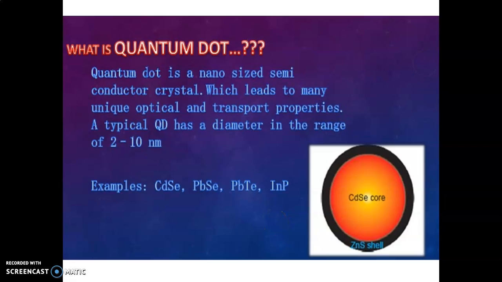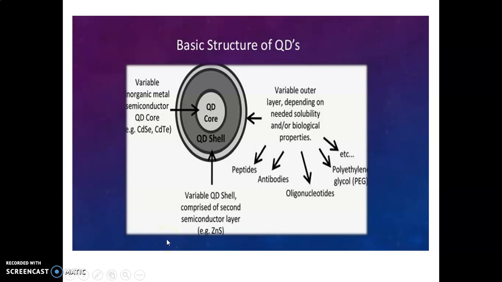Here you can see the zinc sulfide shell is the outer layer and the cadmium selenium core is inside. Next, the basic structure of the quantum dot is clearly given.